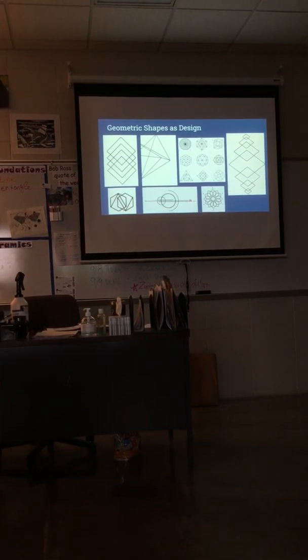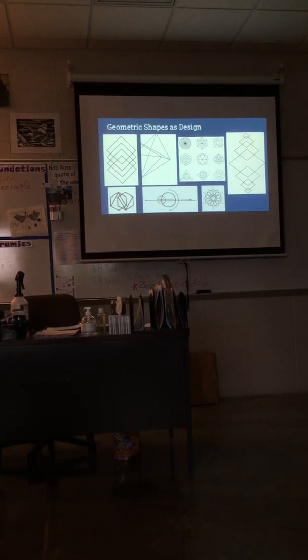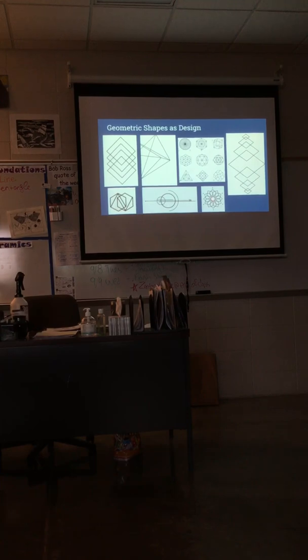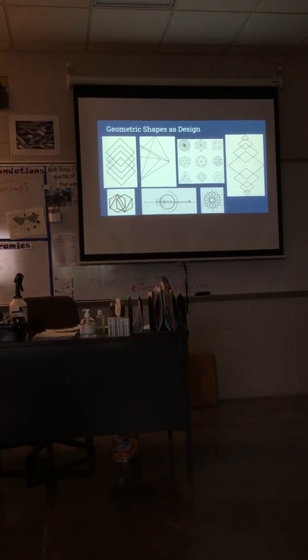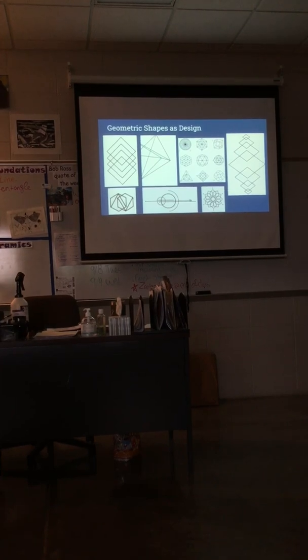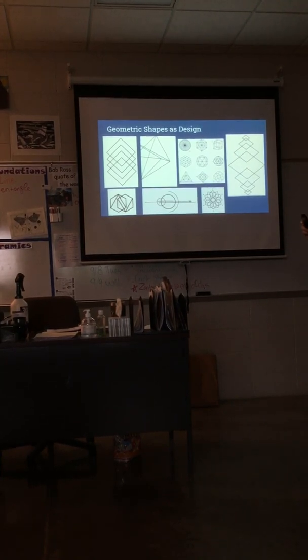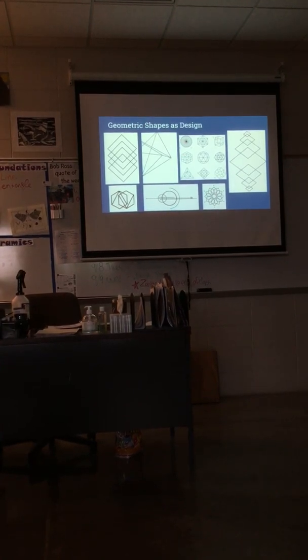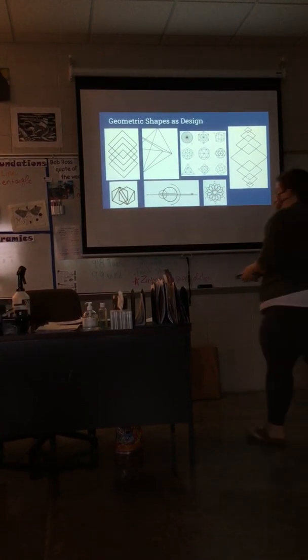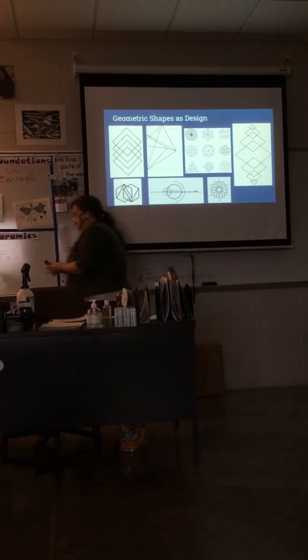Some of them have endpoints. Some of the lines are bold. Some of them come out from a central point. Or some of them, like I said, are asymmetrically balanced. You can really go way far with that. Okay, does anybody have any questions over geometric shapes as a design? No? Okay, let's start looking at some examples.